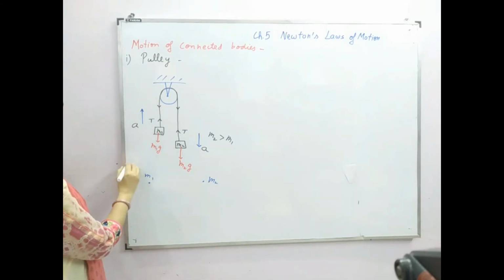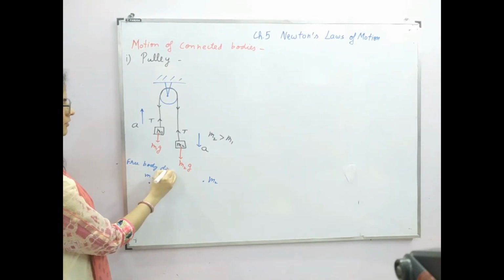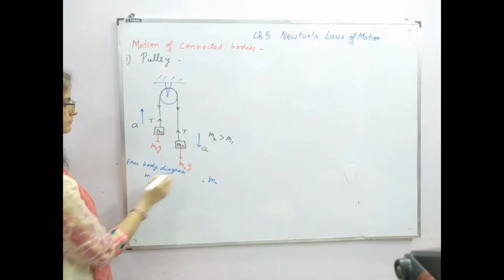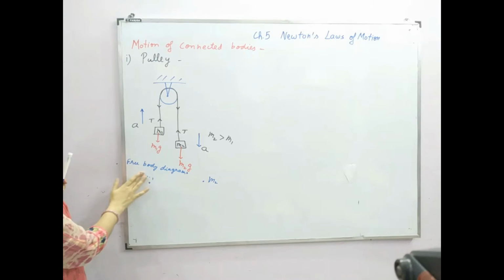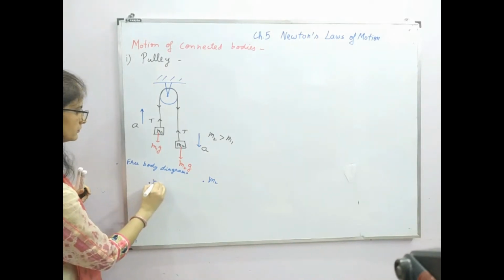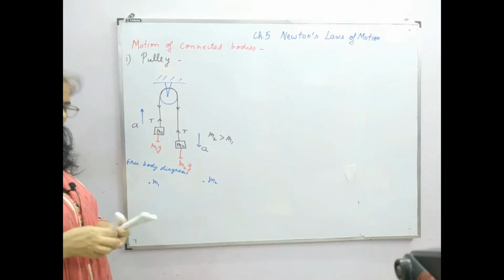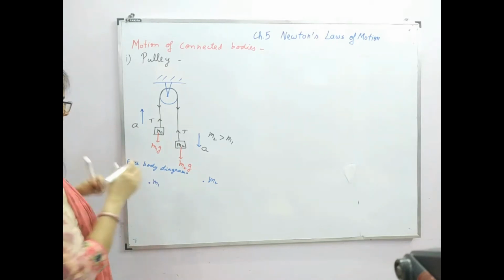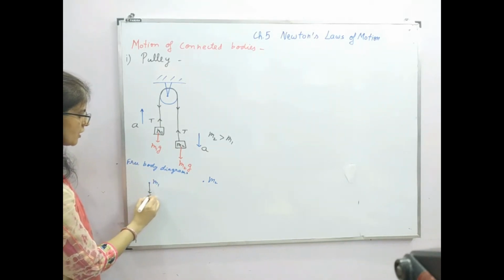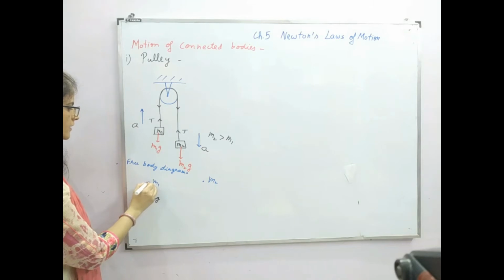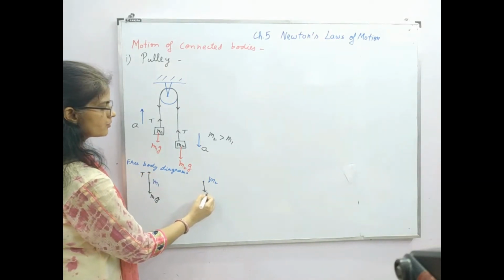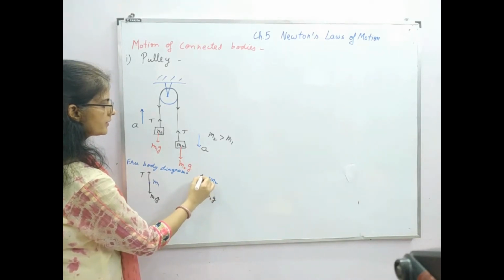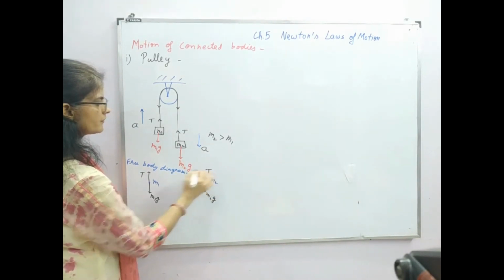We are drawing the free body diagrams. Now for the free body diagrams, I will mark all the forces acting on it, as we know that. So this is m1g and the upward force is tension. Here this is m2g and this upward force is tension.